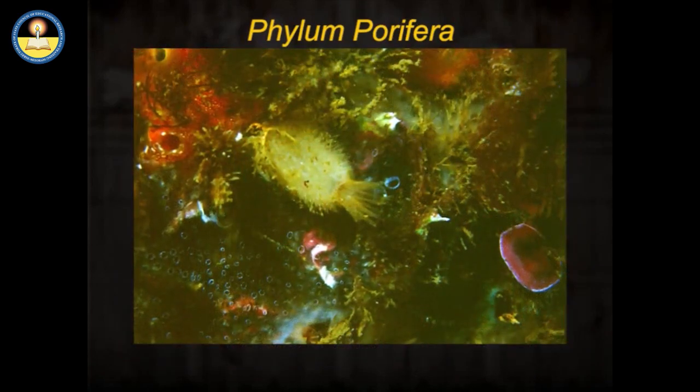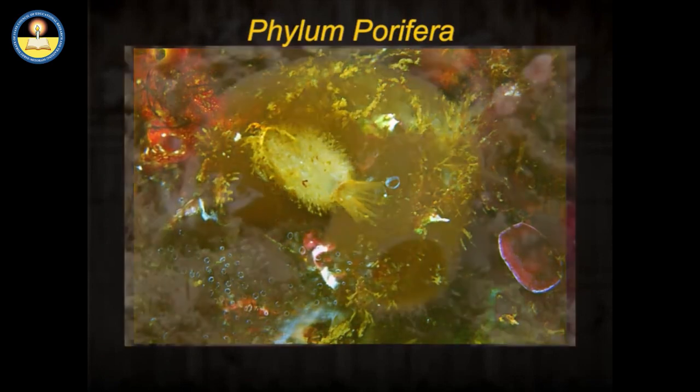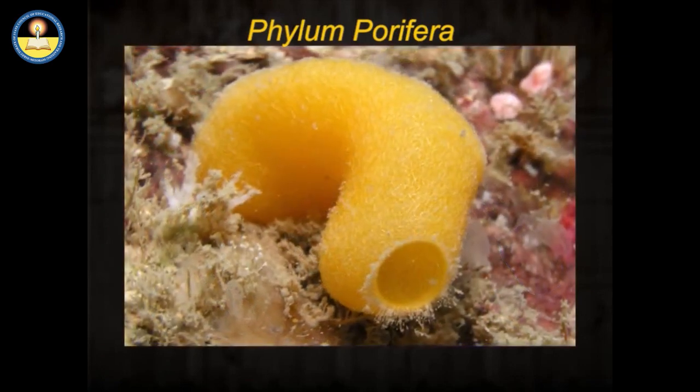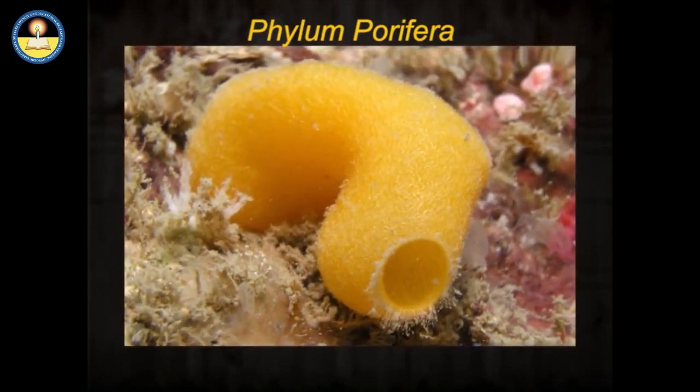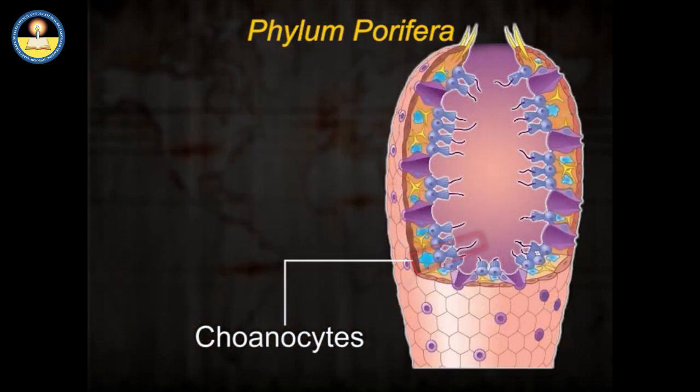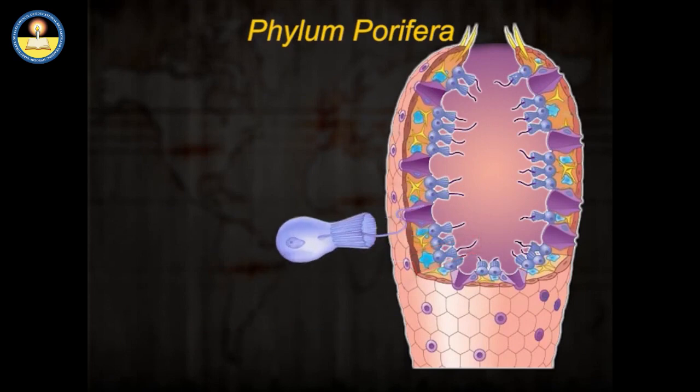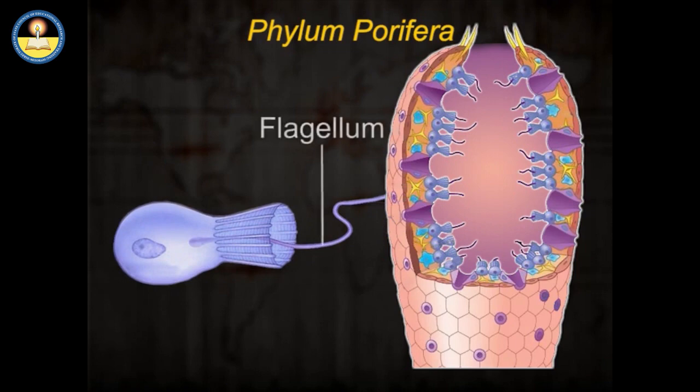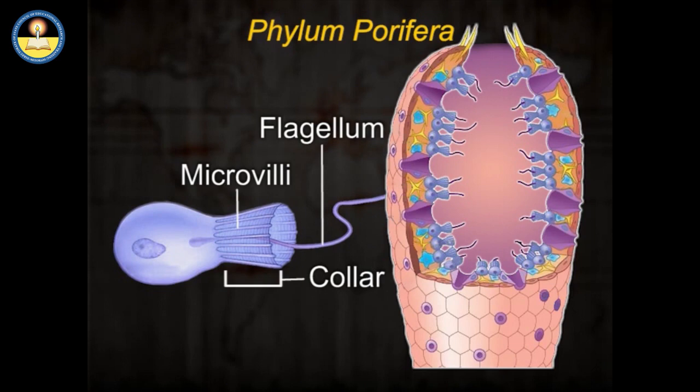Their cells are loosely held together and they do not form tissues. These distinctive cells, choanocytes, line the interior body walls of sponges. These cells have a central flagellum that is surrounded by a collar of microvilli.